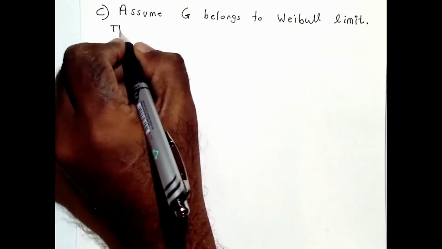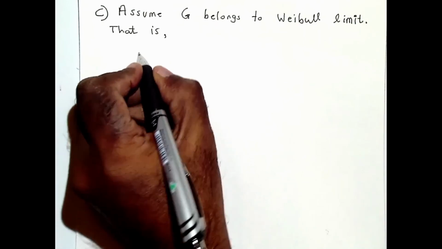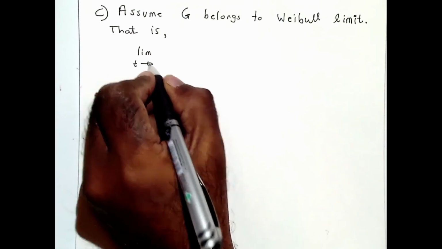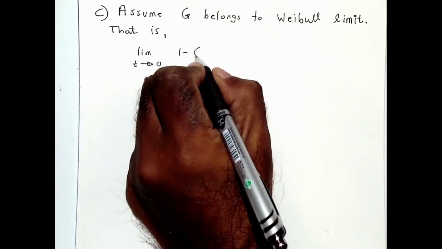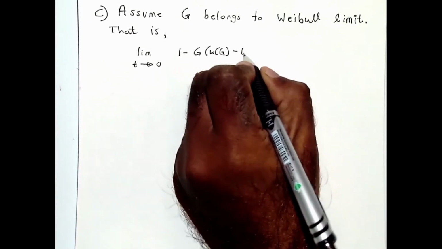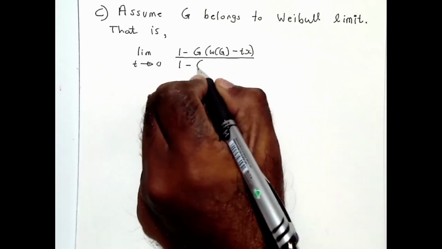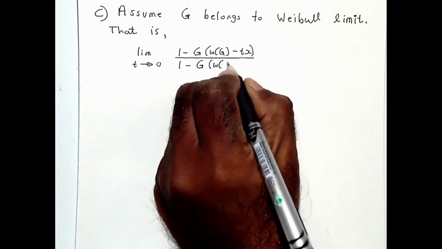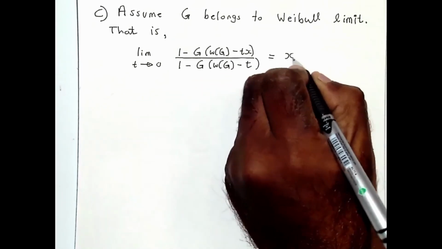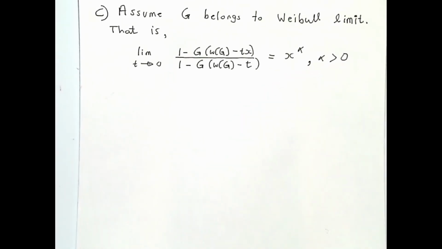Which is the same as saying that the limit is equal to x to the power alpha, where alpha is a positive number.